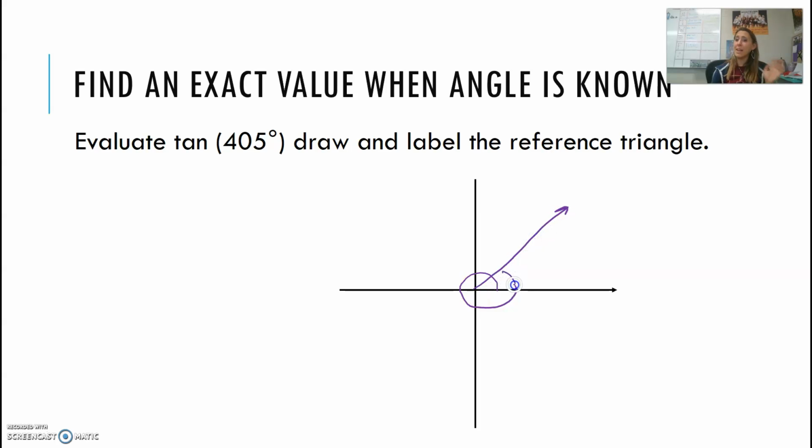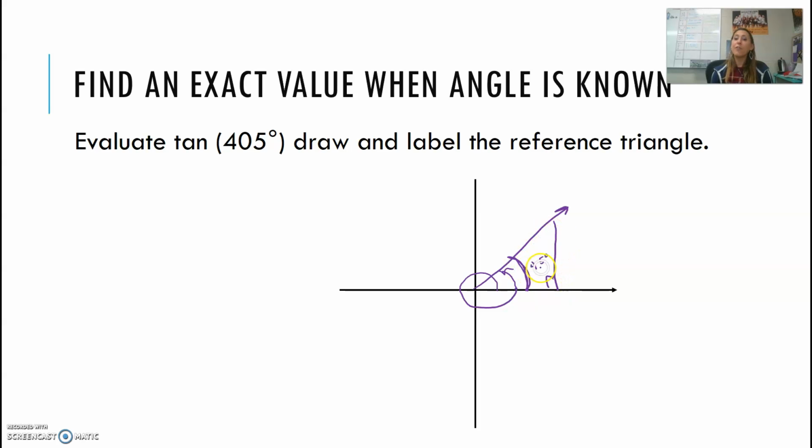And by doing that math, I kind of already figured out my reference angle, right? From 0 to here, we're looking at this angle right here. This is going to be a 45 degree angle because from 360 to 405 is 45 degrees. So then I'm going to draw my triangle.